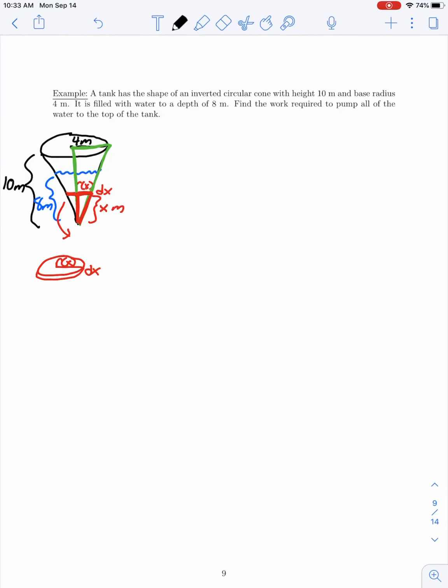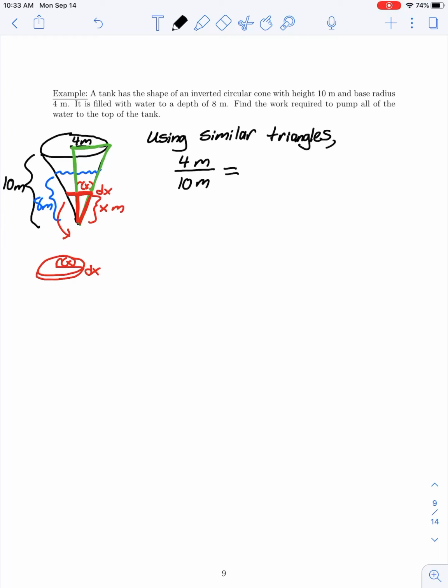So a little scratch work here, I can say using similar triangles, the ratio of the base to the height of my larger triangle, which I had shown in green, it had a base of 4 meters and a height of 10 meters.